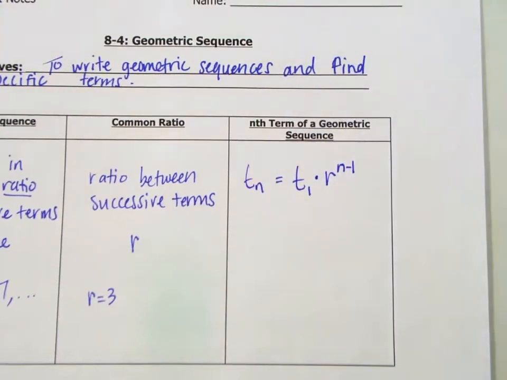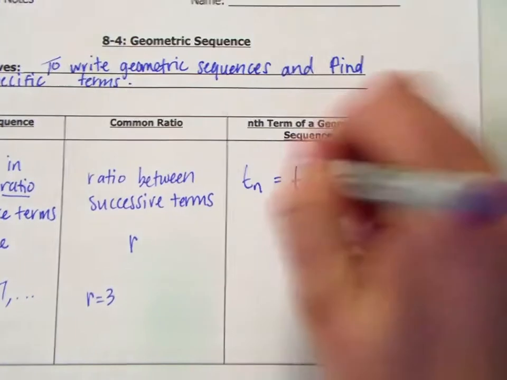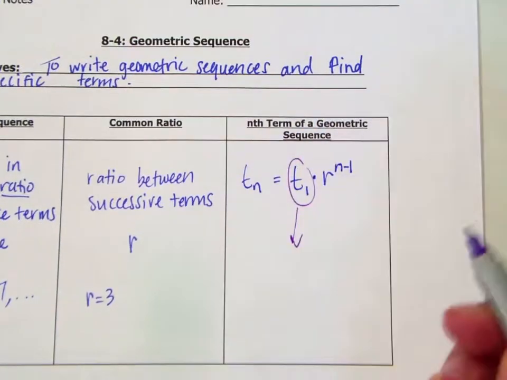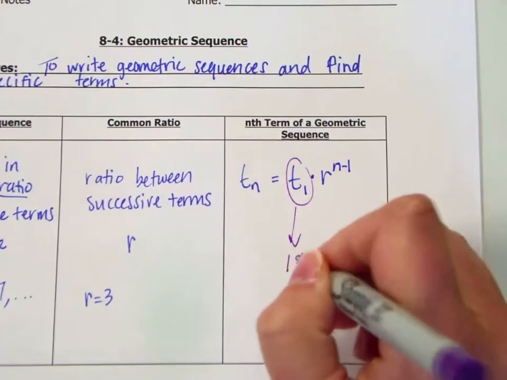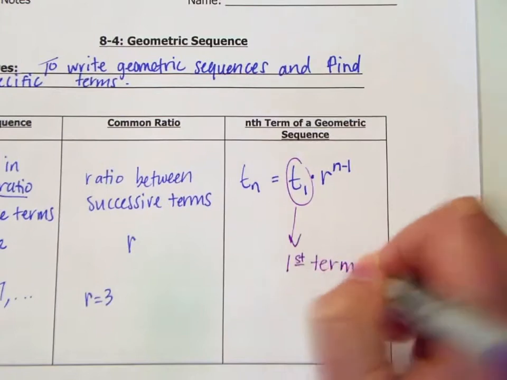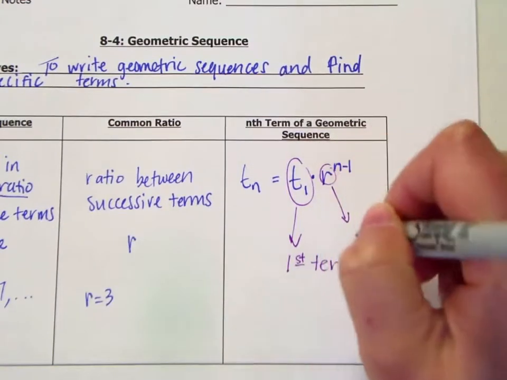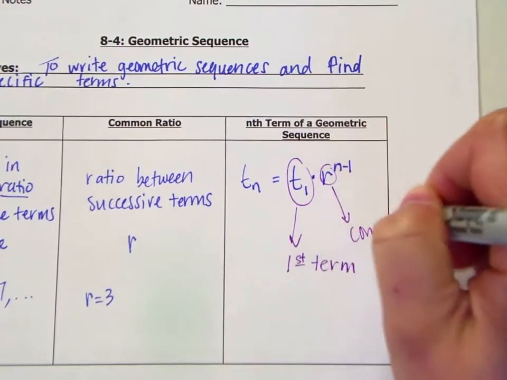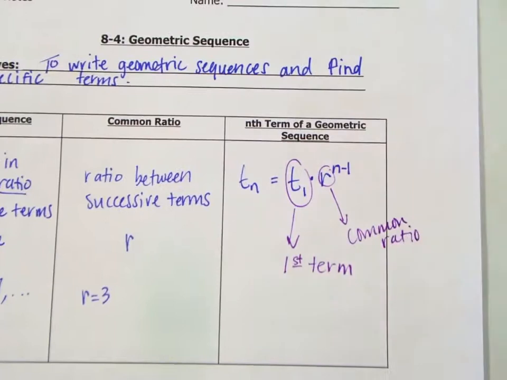Just like we've had all along, t sub 1 is the first term, and like we just mentioned, r is the common ratio. So those are the things you need to know to use this formula: the first term and the common ratio.